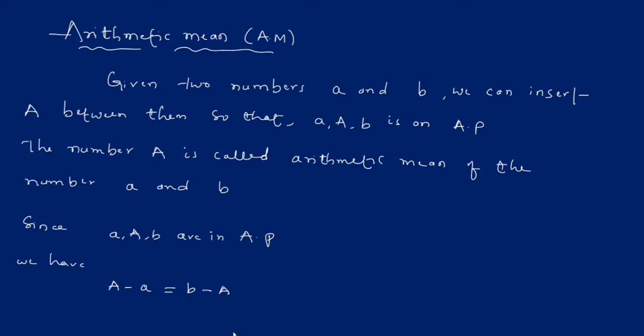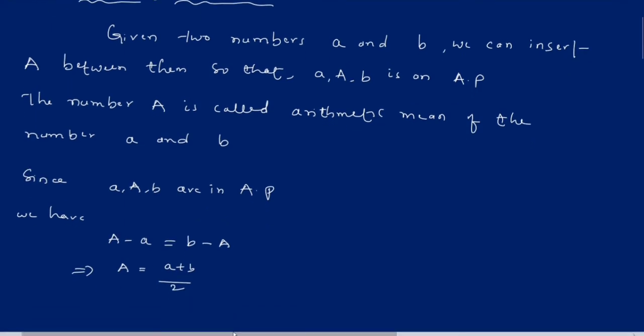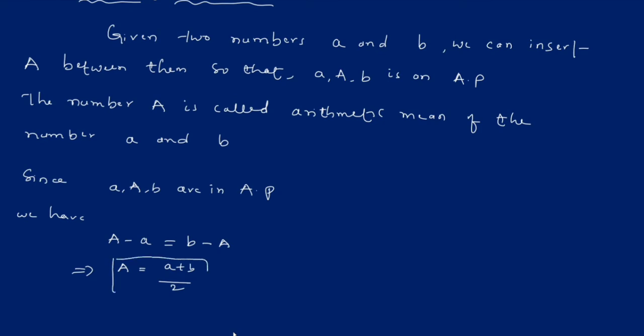So it implies A minus a equals b minus A. Taking A to the LHS, it becomes 2A equals a plus b. Taking 2 to the RHS, A equals a plus b upon 2. Therefore the value of A is a plus b upon 2.